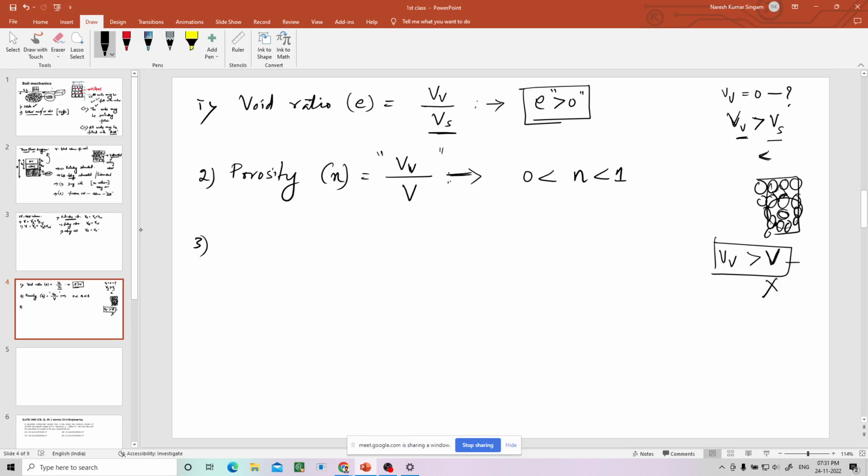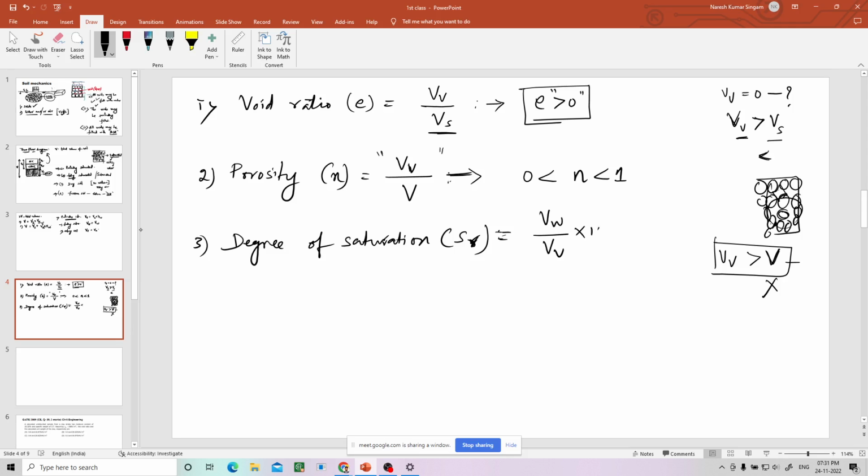And then degree of saturation, which is denoted by S, simply S, or Sr, where r is a suffix. The definition is the ratio between the volume of water to the volume of voids.